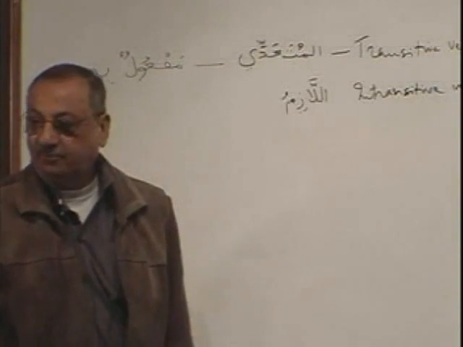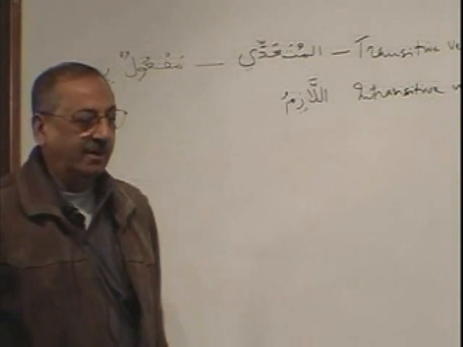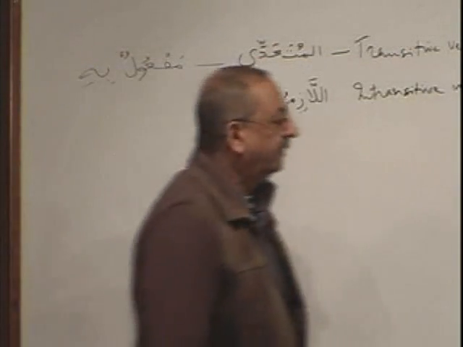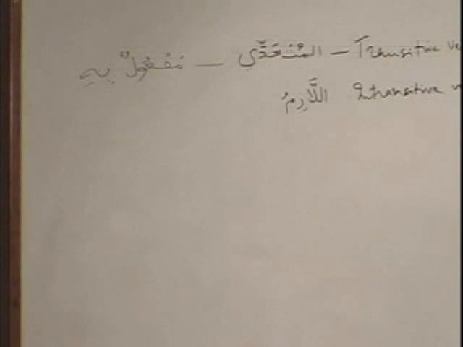Now, in an intransitive verb, there is a fi'l and there is a fa'il, and they give us complete sense. There is no need for an object. It means fi'l and fa'il are happy together. There is no need for anybody else to come in their lives.